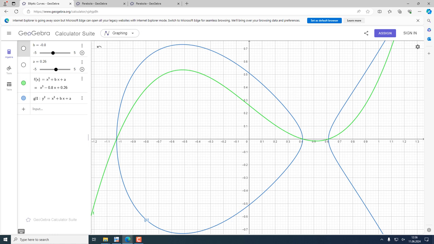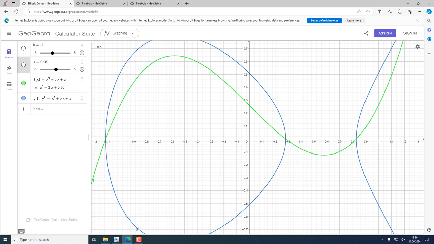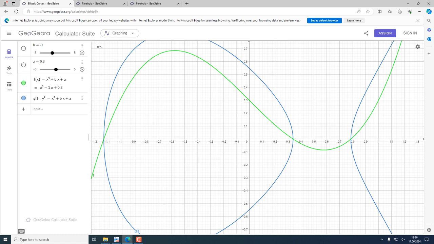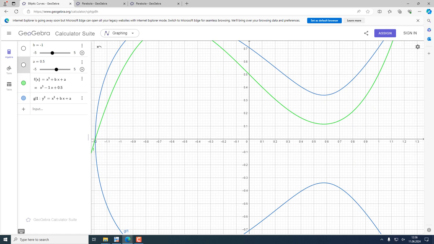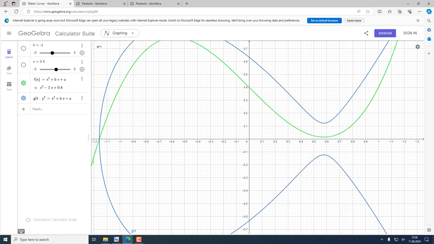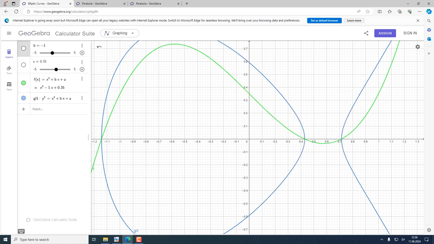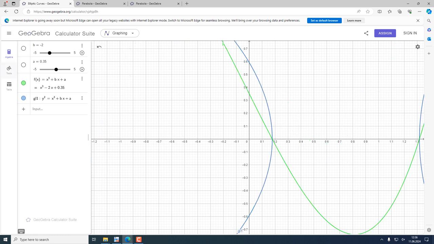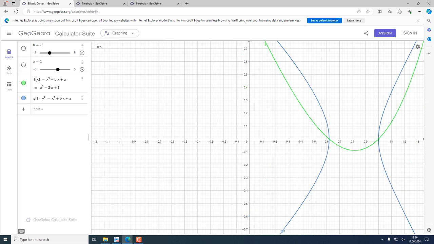Maybe make this 1, and then this should have a closed form, which might be at 5 maybe. No, 5 is too much. So I want to have this at, maybe make it 2, and a is equal to 1. No, maybe it's... I can calculate that point, but I'm just too lazy right now.